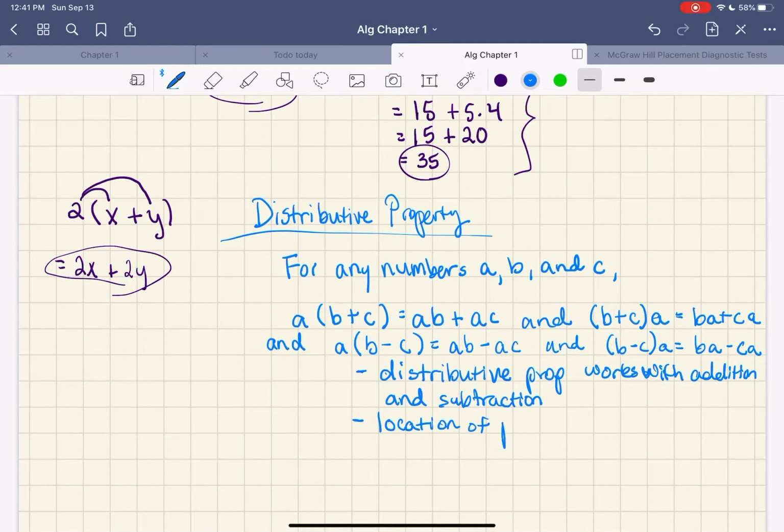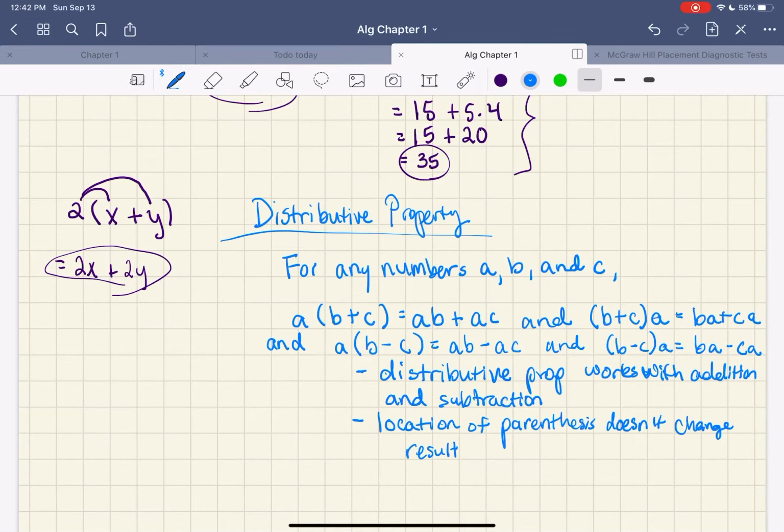Location of parentheses doesn't change the result. I don't really like that.